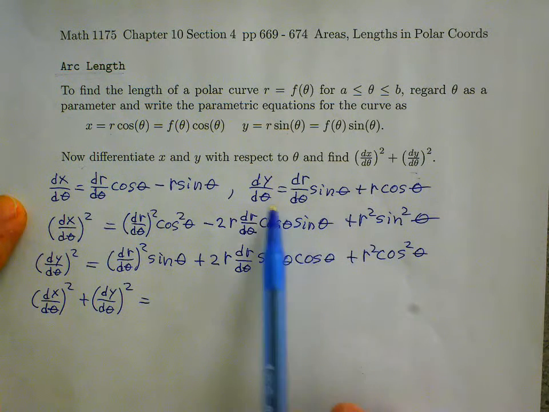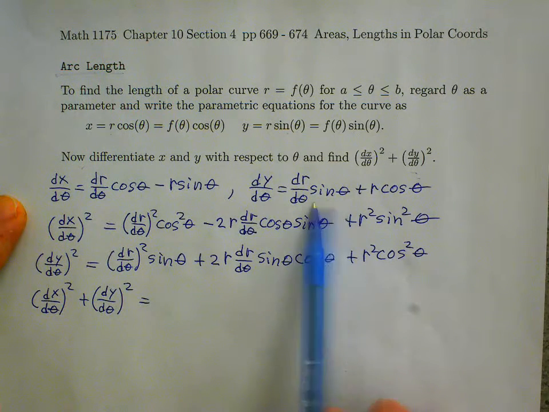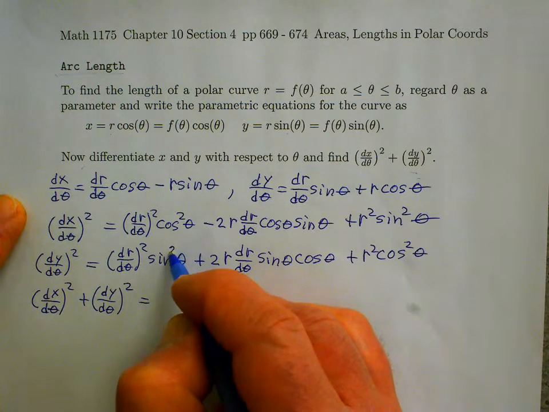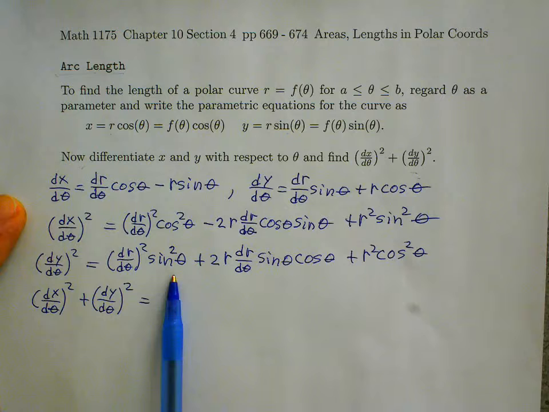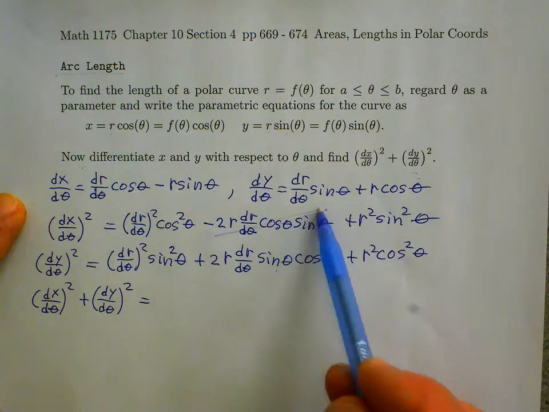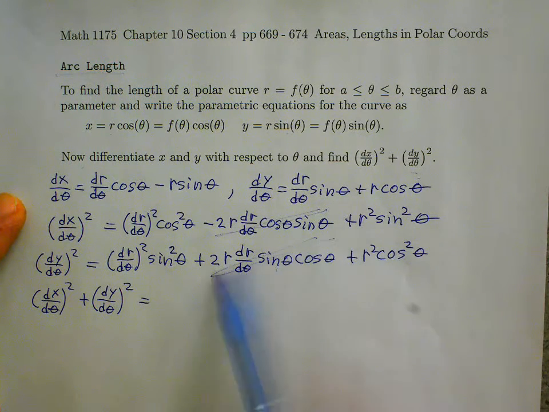Because when we're squaring dy d theta, we're squaring this term. I squared the dr d theta, but I failed to square sine of theta the first time. Okay, so I think we're okay now. Notice that the 2 middle terms add up to 0, so we can eliminate those.